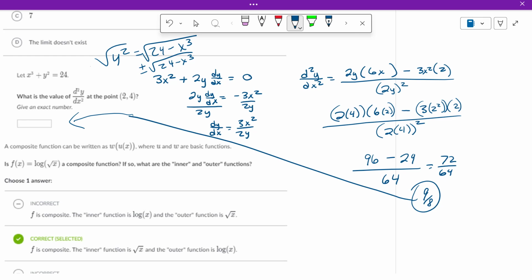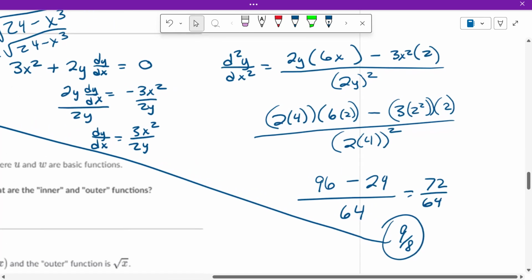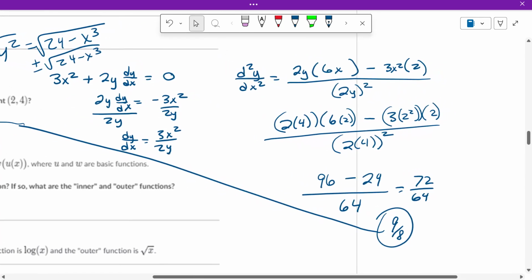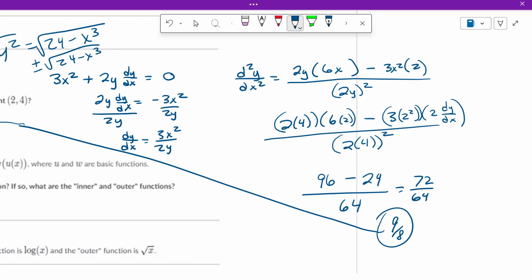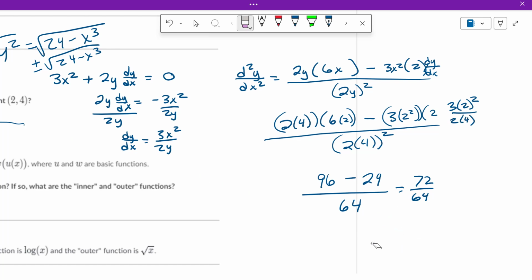Oh, crap. Forgot that. You're so good. When we take the derivative of that, it is 2 dy dx. Dang it. Forgot that. So, and then the dy dx is, yeah, so this is 2 dy dx. And then this would be 3 times 2 squared over 2 times 4. Woo! Thanks for saving us.